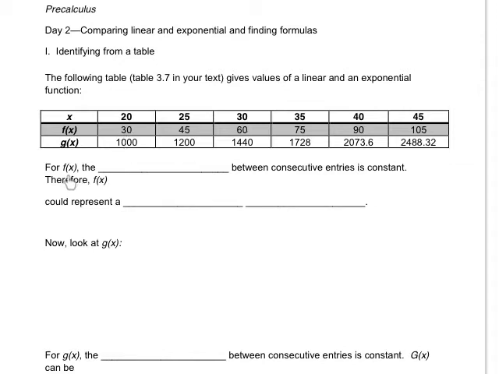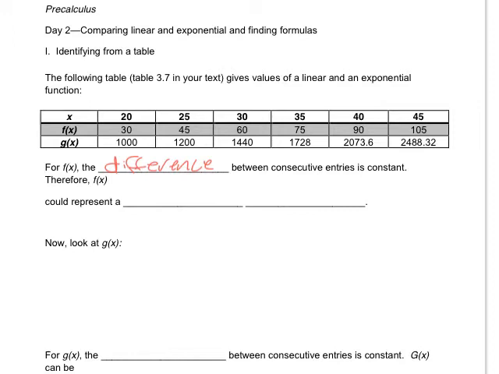If we look at f of x, the difference between consecutive entries is constant. As I look at my y values, 30, 45, 60, 75, 90, they're all going up by 15 each time.